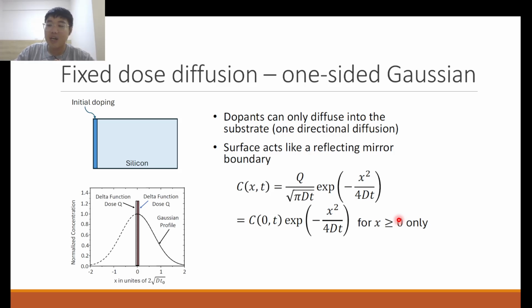So we change the domain of the function, and we multiply the pre-exponential term by 2. You can think of it as the Gaussian distribution limited to exist in the positive x direction, while maintaining the overall total dose at a constant q. So you have to multiply by 2.